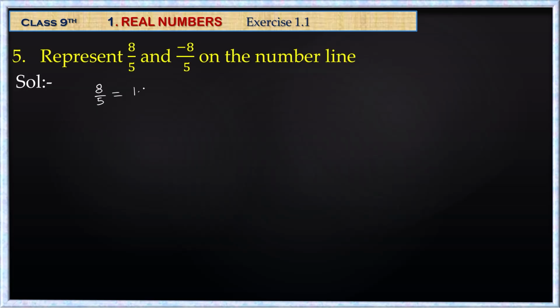If we put a decimal point, it becomes 30. 5 6s are 30. 8 by 5 is equal to 1.6, and minus 8 by 5 is equal to minus 1.6. So 1.6 lies between 1 and 2, and minus 1.6 lies between minus 2 and minus 1.